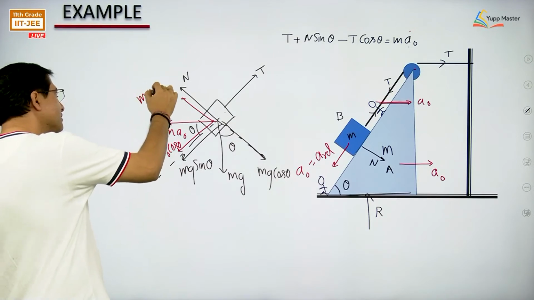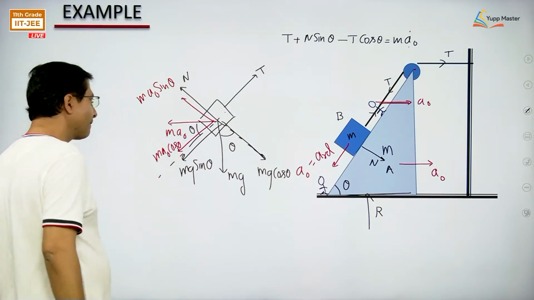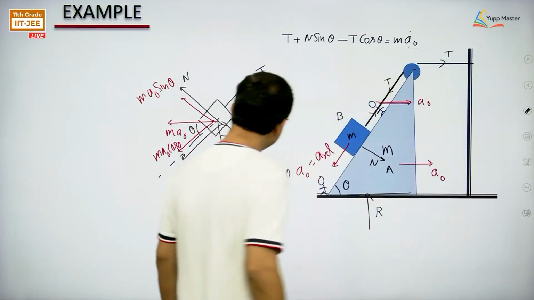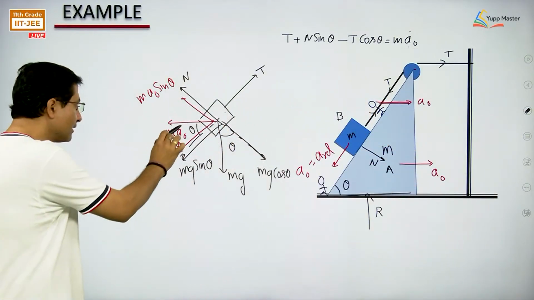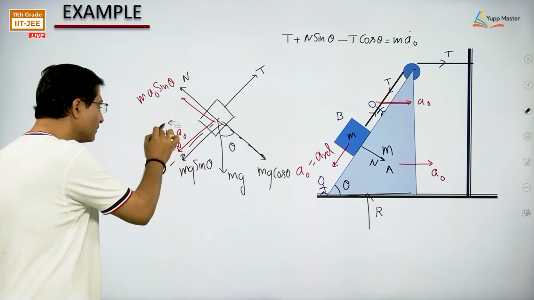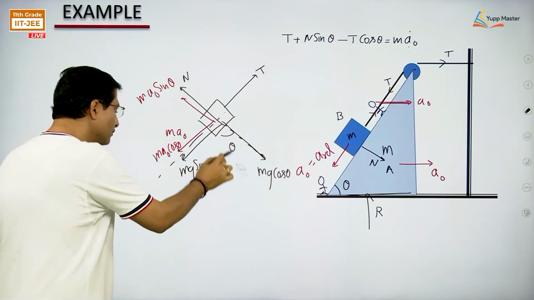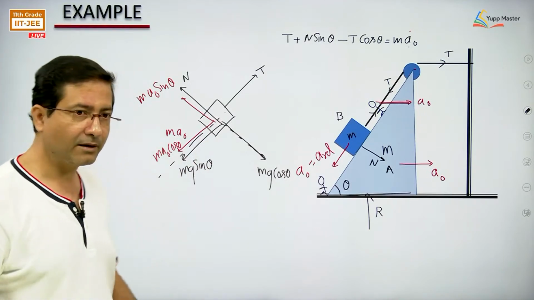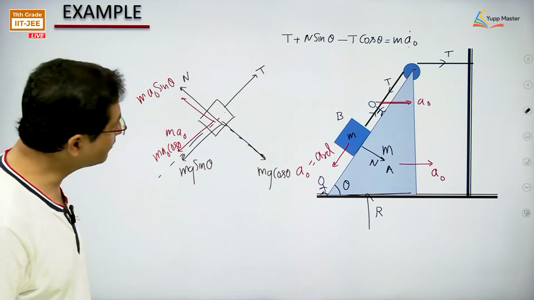So ma0 and mg we have already resolved. I'll remove this ma0, I'll remove mg. So this is what we have along the plane and perpendicular to the plane.